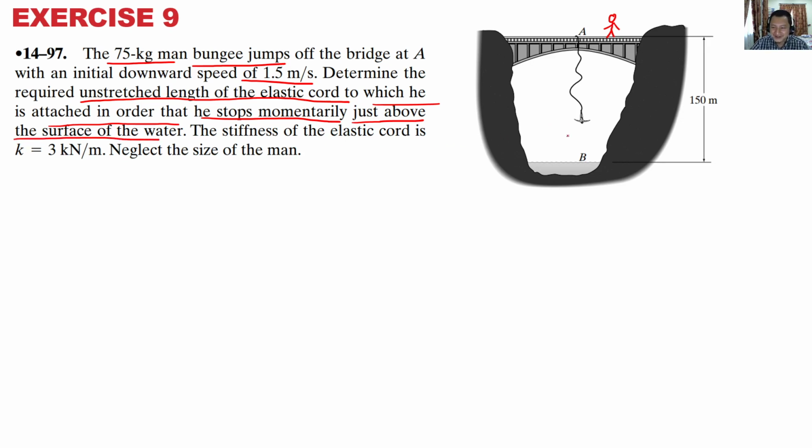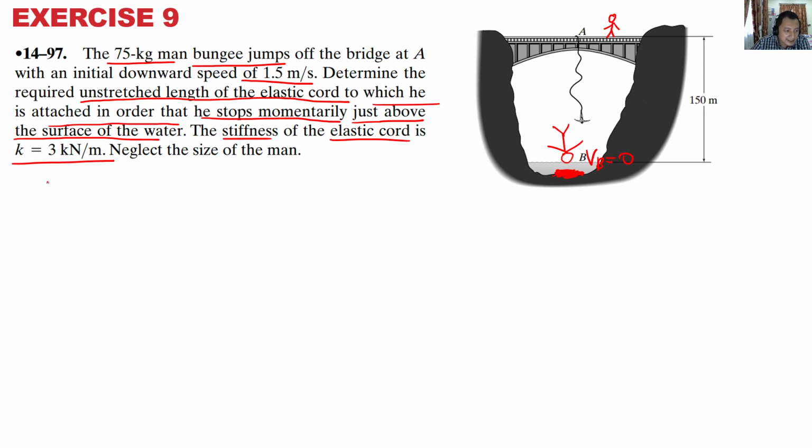So he's gonna be here. At location B, vB is equal to 0. Otherwise he's gonna die with a lot of blood if his velocity here is not 0. Now the stiffness of the elastic cord is 3 kilonewton per meter.